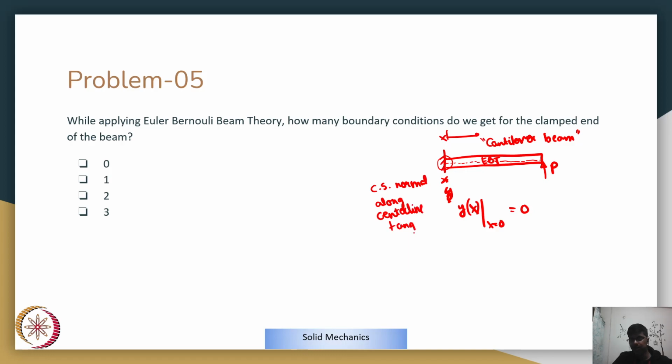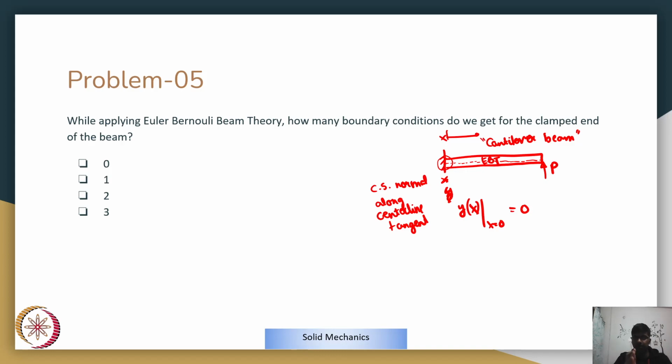Since your entire left hand is clamped, it requires your cross section to be along the clamped surface, which would mean that your cross section normal must be perpendicular to the clamped surface. So your cross section normal has to be along the x axis.